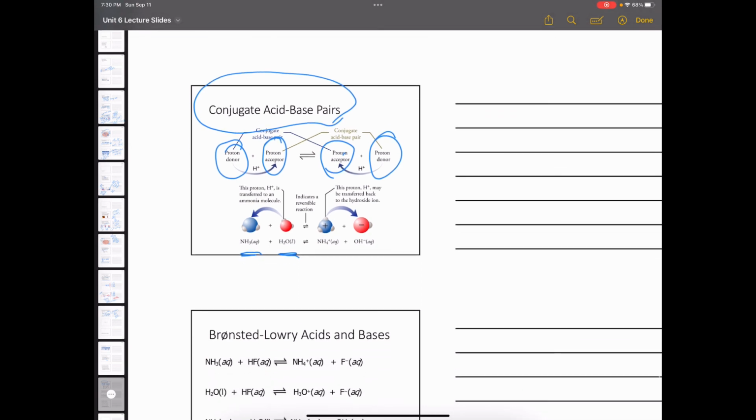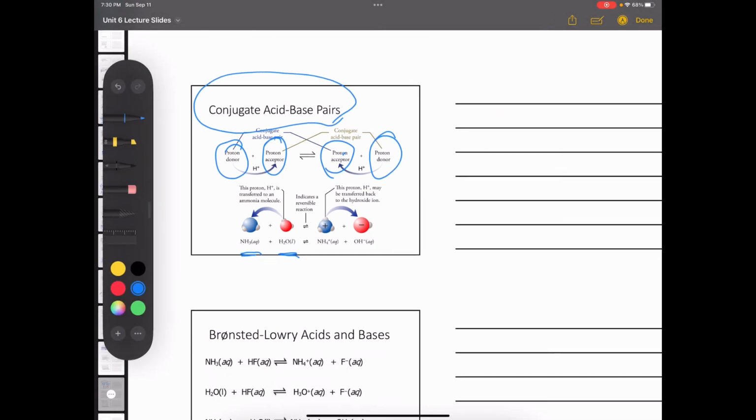So back to the ammonia reaction with water. If you notice here, the proton is transferred from water to the ammonia. How can I tell this? Because the NH3 is no longer ammonia, it is now NH4. So an additional hydrogen atom has been added, and the total charge for the molecule has changed to positive.